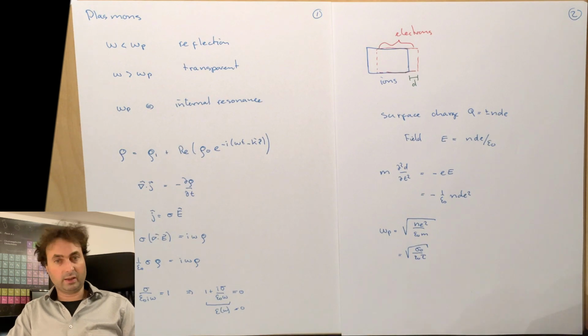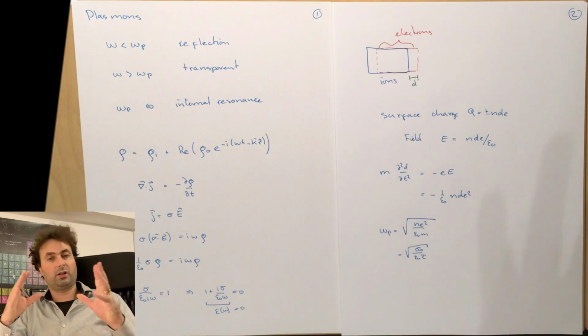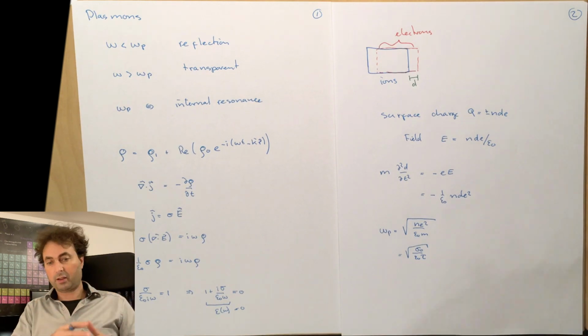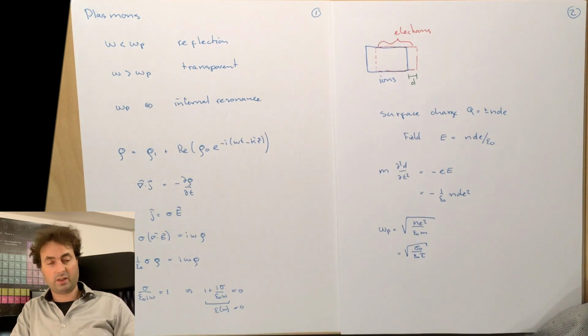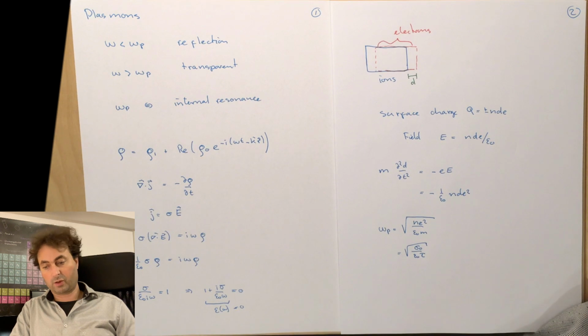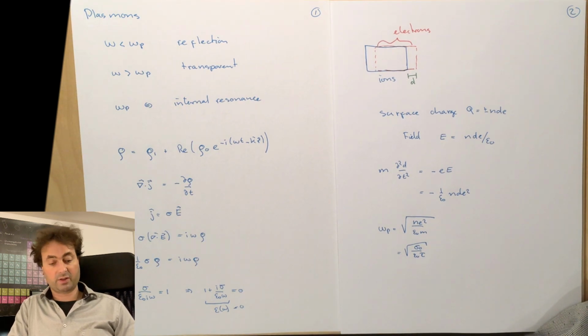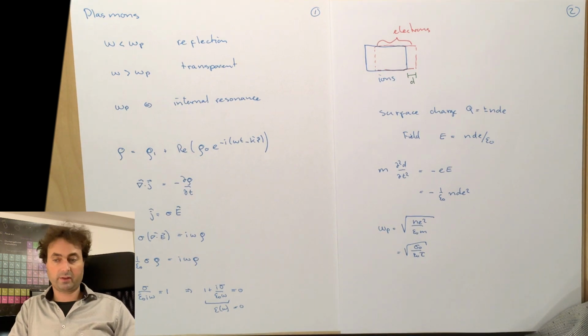So we see that the electrons can basically slosh back and forward in your solid at the plasma frequency, and that is exactly the resonance frequency where you go from a reflective material when the frequency is smaller to a transparent material when the frequency of the light is larger.